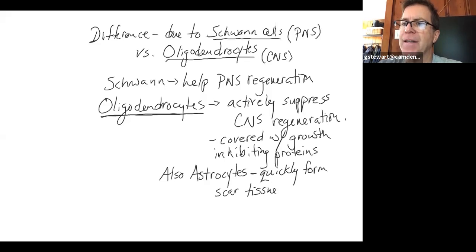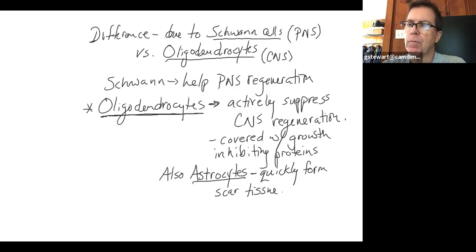So if asked, why is regeneration so poor or non-existent in the central nervous system? It's because of this. Oligodendrocytes actively suppress regeneration because they're covered with growth inhibiting proteins, and astrocytes in the central nervous system quickly form scar tissue when any damage occurs.